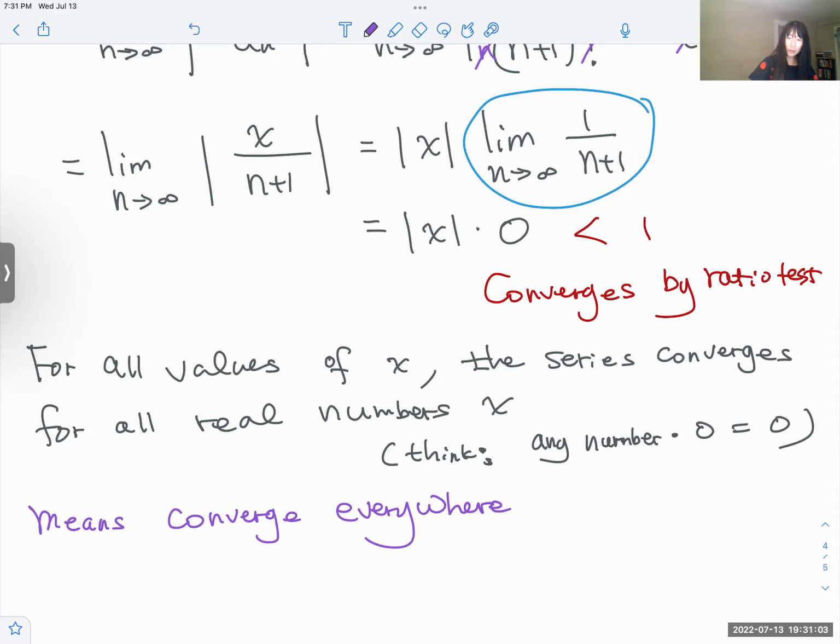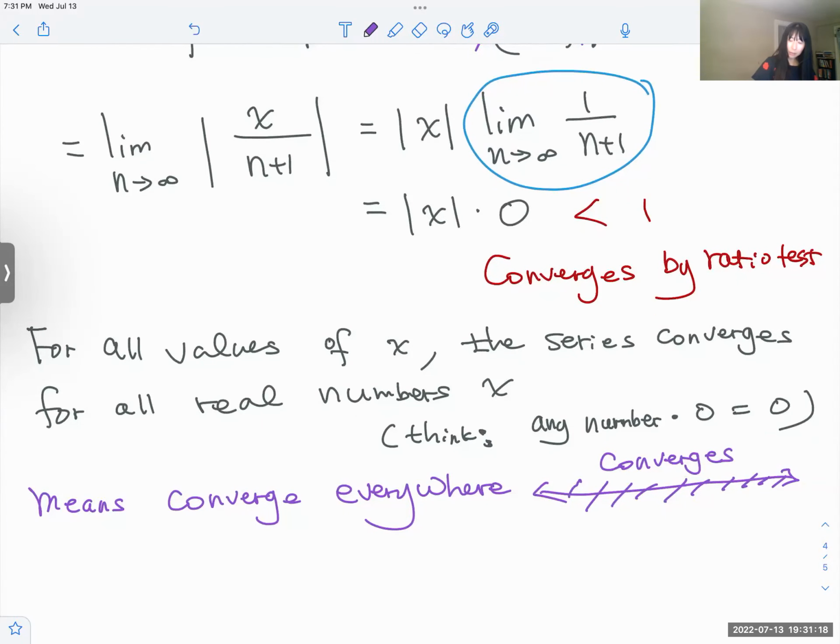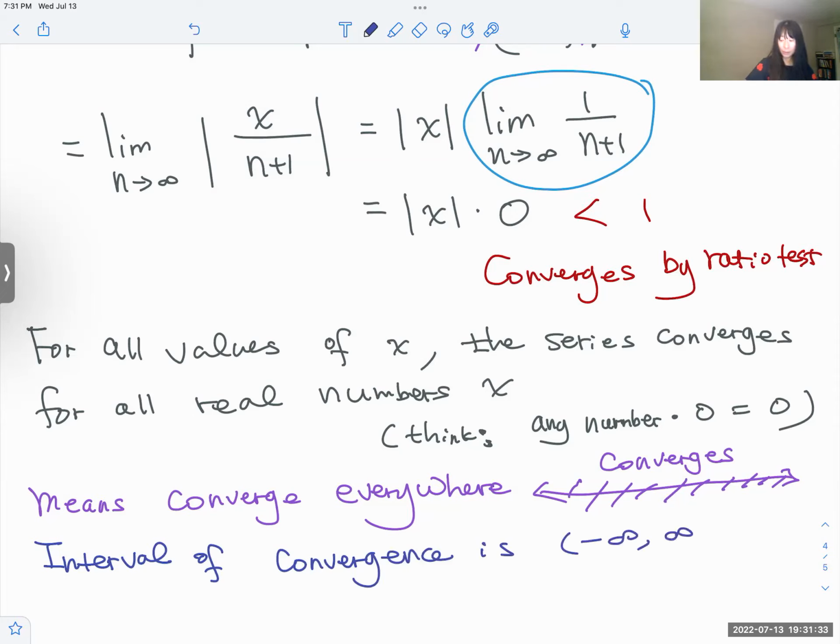That means, for the interval, let me write down. Everywhere on the number line, right? So it converges. Then we can say the interval of convergence is negative infinity to positive infinity, and the radius of convergence is infinity, right?